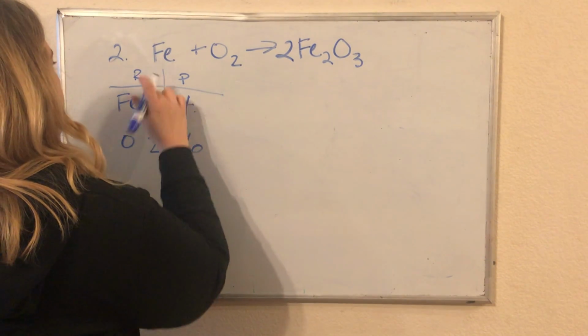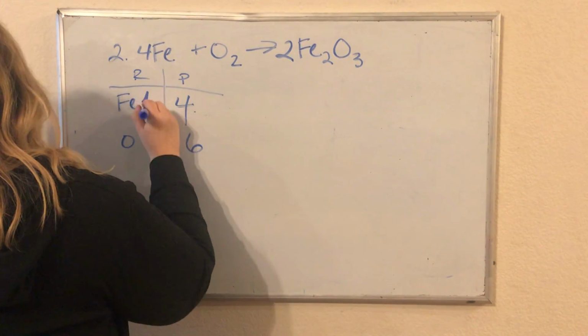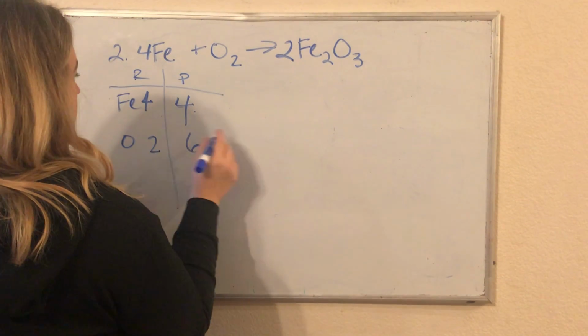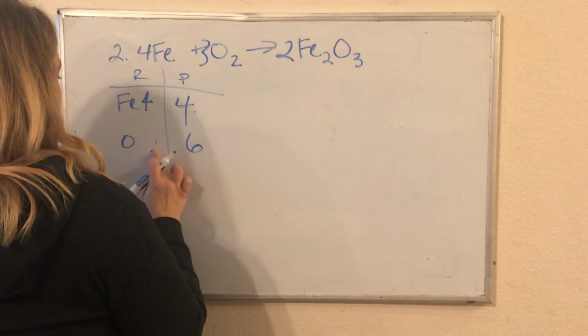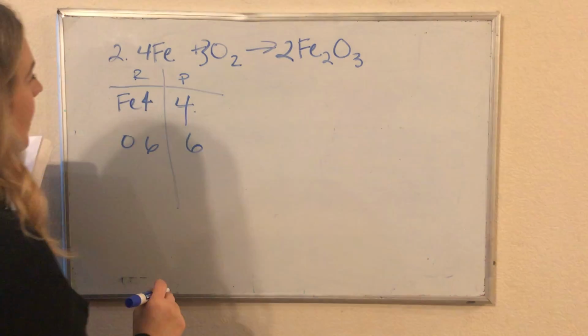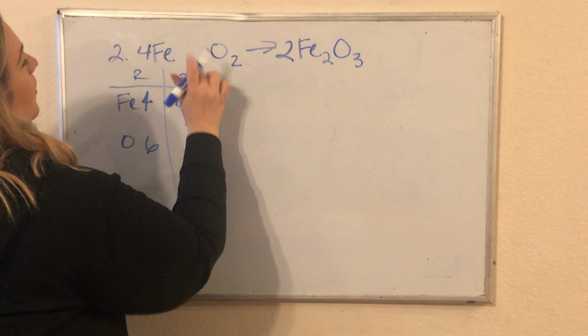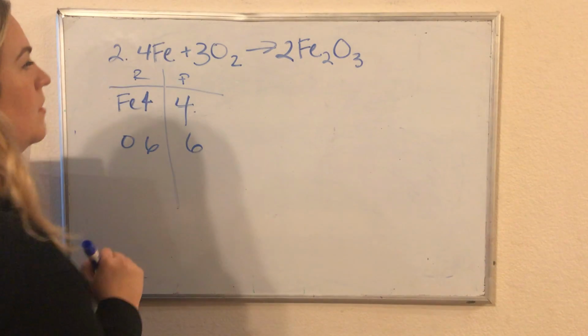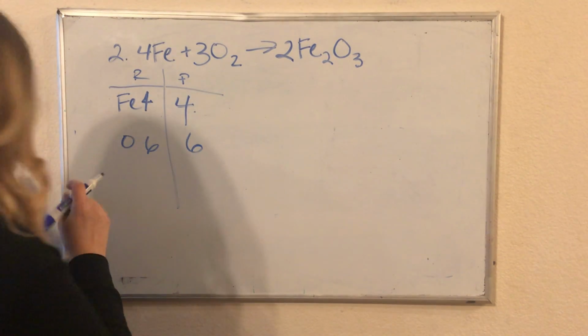And then put a 4 here, a 4 there, and we'll put a 3 here, and that's 6. So now we're balanced out. Let me make that a little clearer. Okay, we're a balanced equation now.